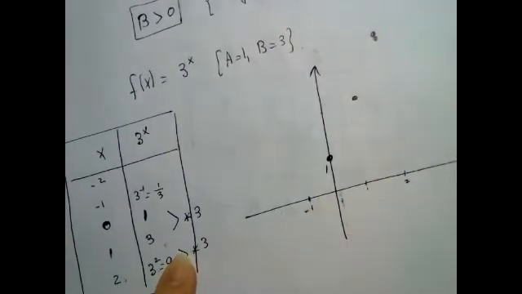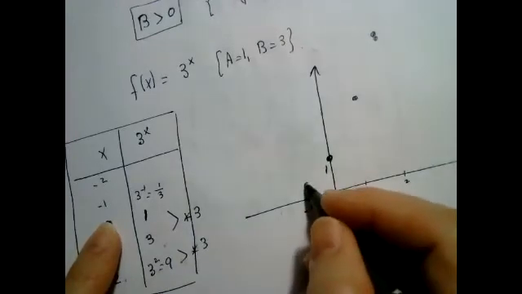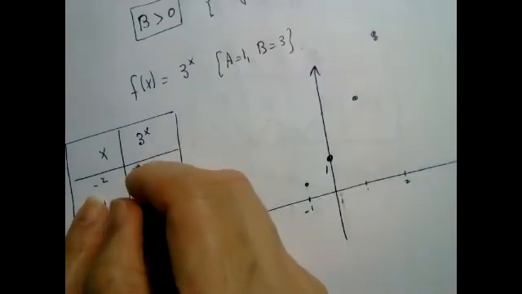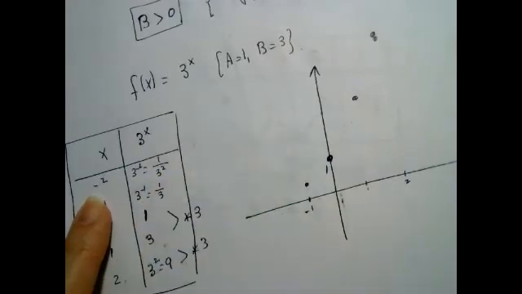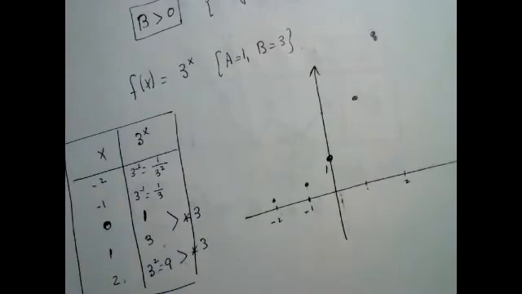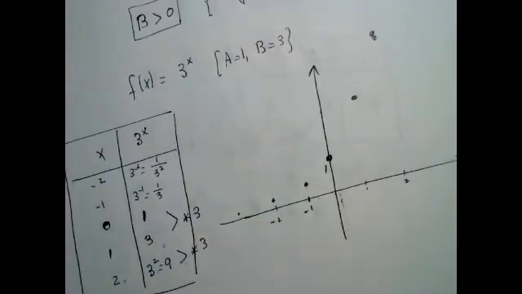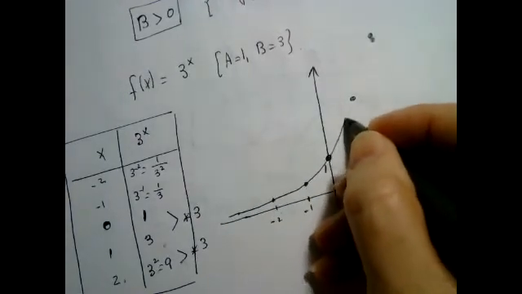At minus 1 is 1/3, so it's right there. At minus 2, it's 3 to the minus 2, which is 1 over 3 squared. So at minus 2, we are right here. Minus 3, we are right here. So this function is going to start growing. It's increasing, and that's how it is increased.